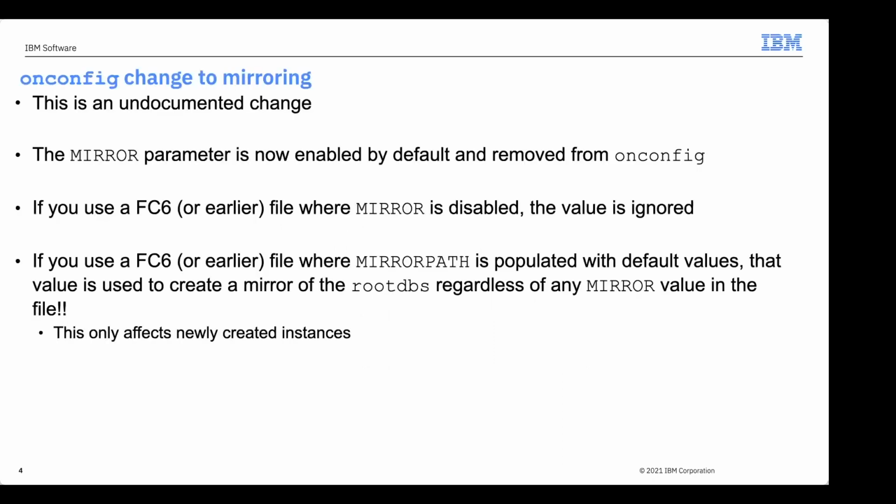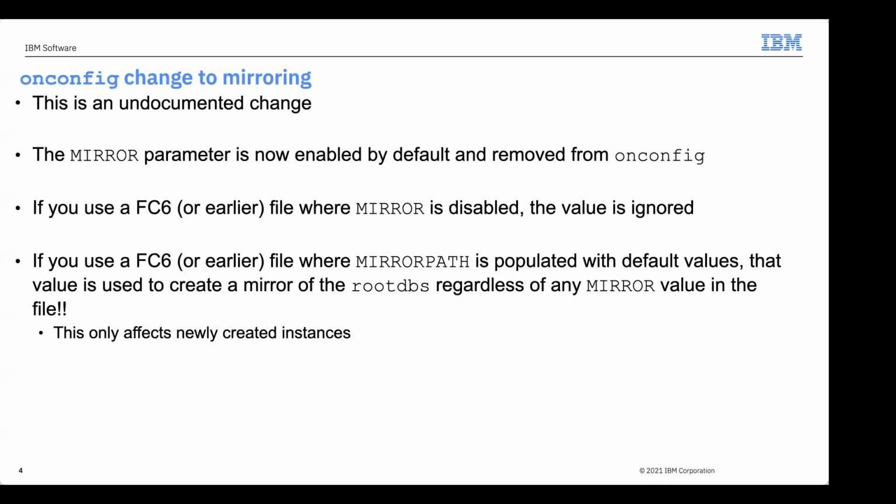So the first thing is an undocumented change. I looked yesterday in the documentation and didn't see that this had been corrected. So this is secret news that I'm sharing with you, if you will.